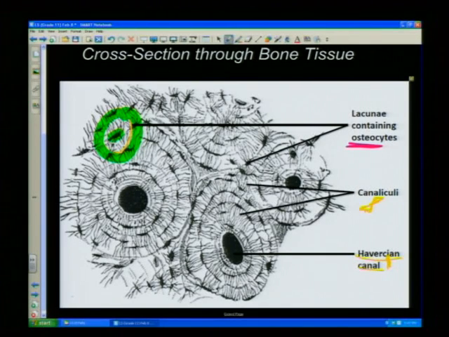Why? Because the little cells here, there's one there, and there's another one here, and there's another one there. Those little osteocytes, which are the bone cells, I'm going to write here bone cells. Please never ever refer to them as bone cells in an exam. Your teachers will shoot me.